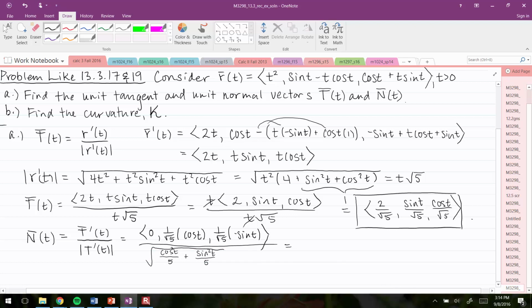So next thing, I can bring out a 1/5, root. That's going to simplify with a 1 over the square root of 5. So that's one thing I noticed here to simplify.